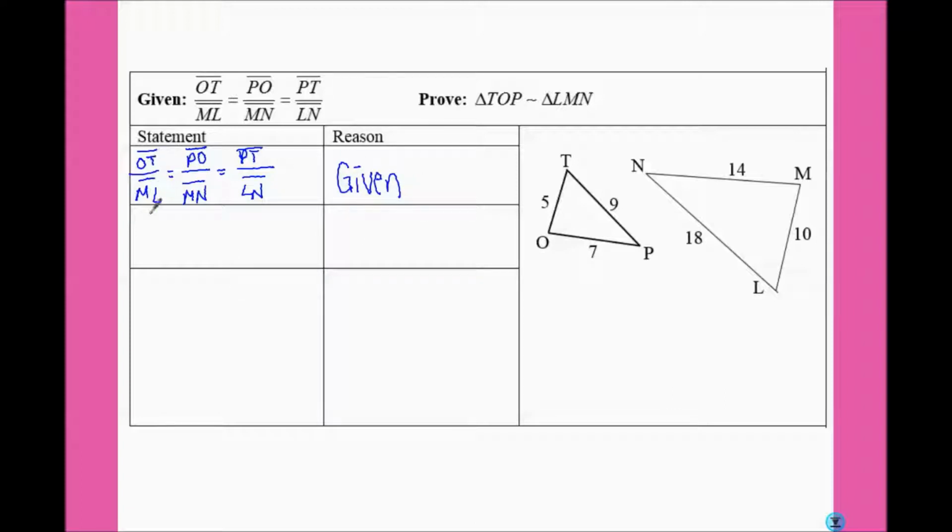Well, since we know that all three pairs of sides are proportional, that means that we have side, side, side similarity. And so therefore we know that triangle TOP is similar to triangle LMN because we had all three sets of sides there.